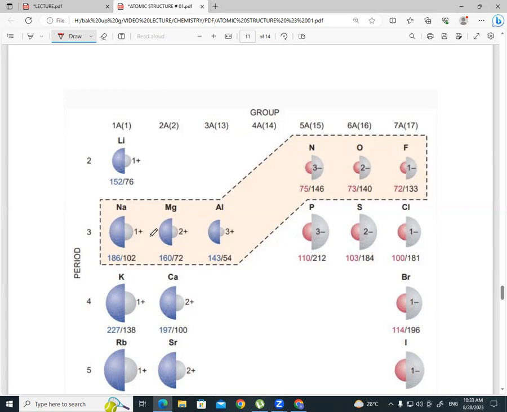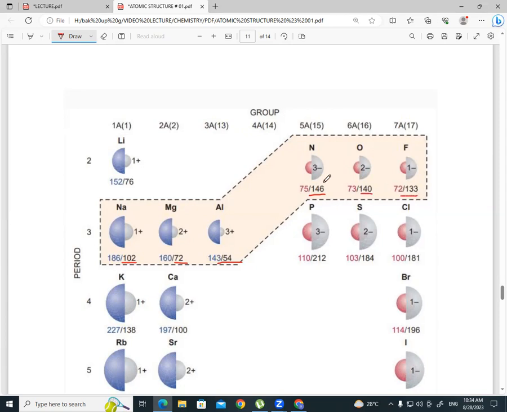After losing electrons from their outermost shell, they become sodium ion, magnesium ion, and aluminum ion. So when we see their radius, you can check the difference between these ions.